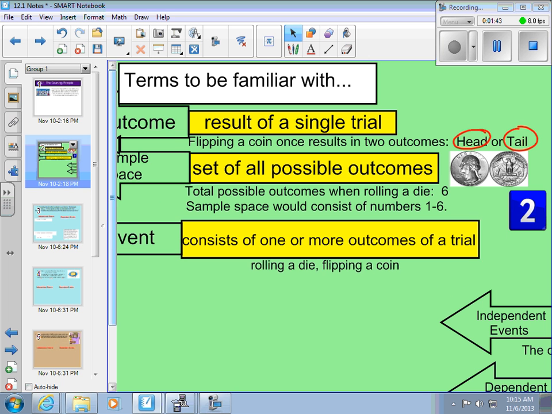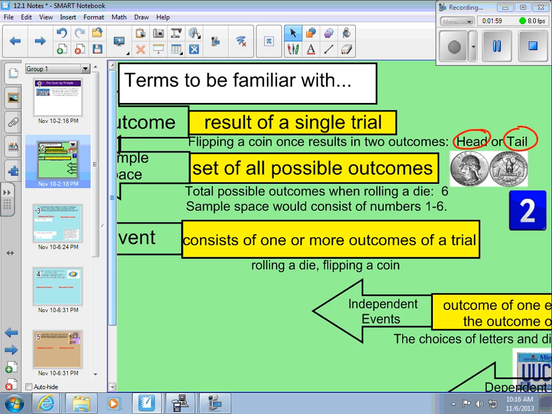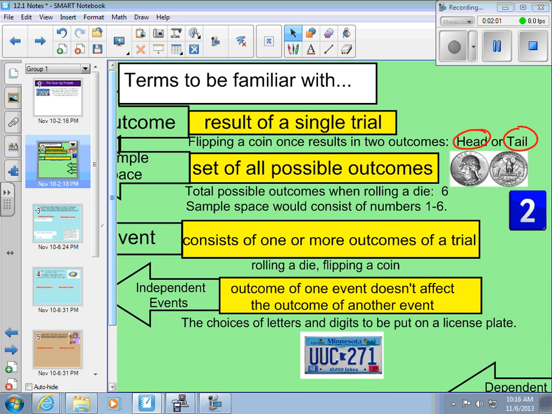Another word, event. This consists of one or more outcomes of a trial. So if you're doing things repeatedly or different events, such as rolling a die and then flipping a coin, those would be 2 different events. Independent events are events where the outcome of one event doesn't affect the outcome of another event.